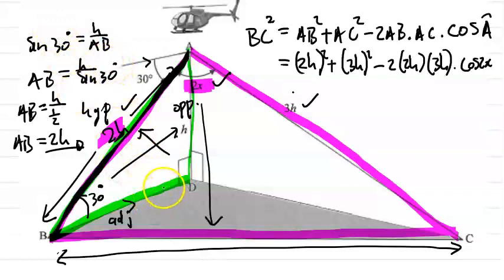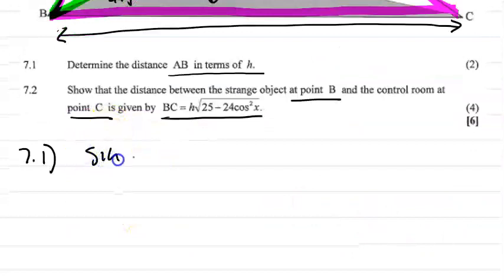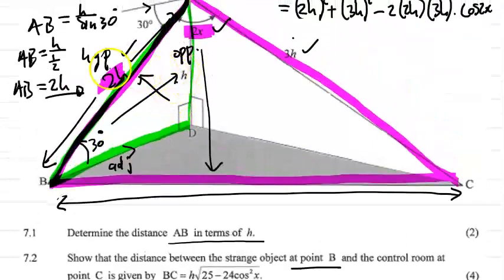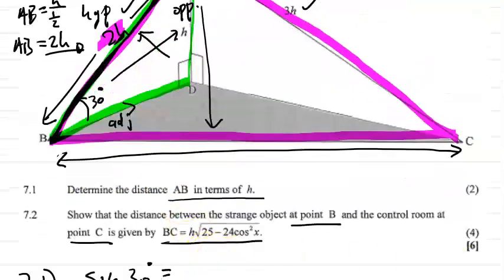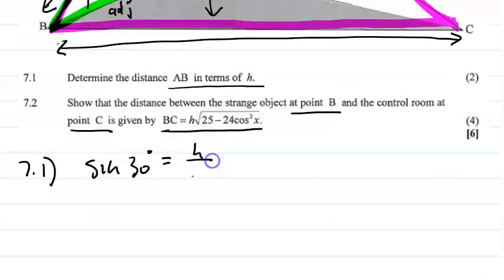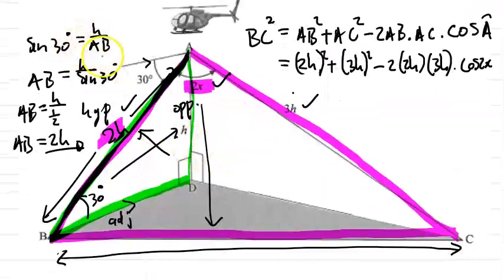So let's look at that one more time. We'll write sine of 30 is equal to h over AB. What did we write after that? So h over AB.